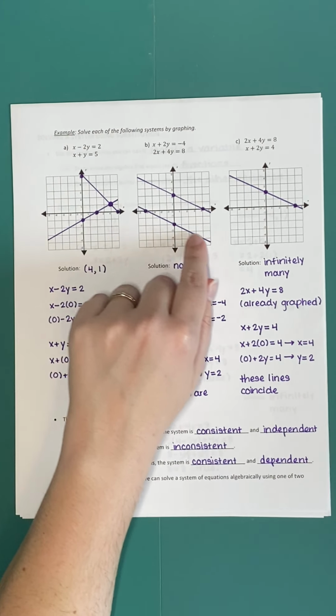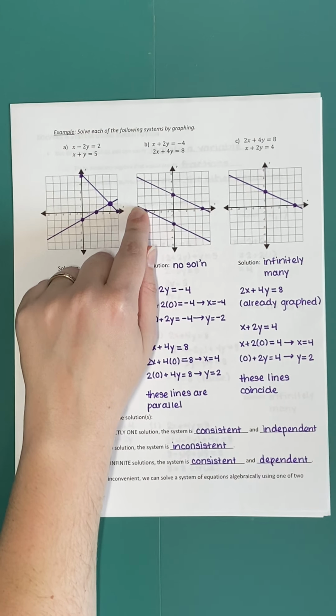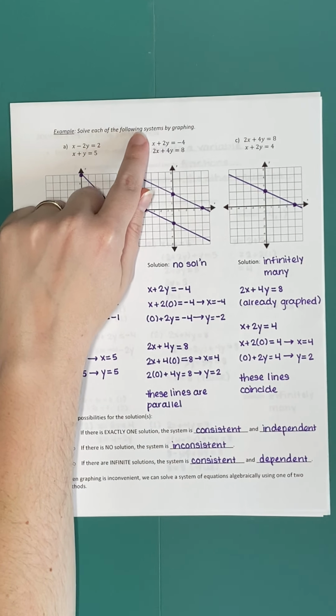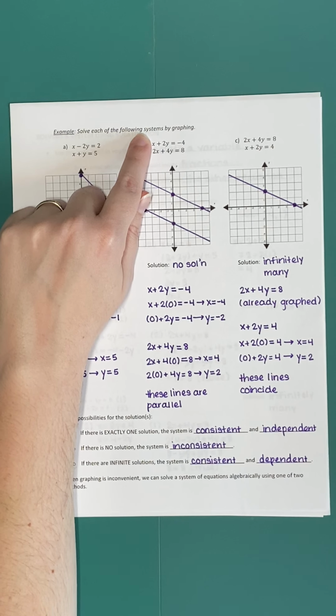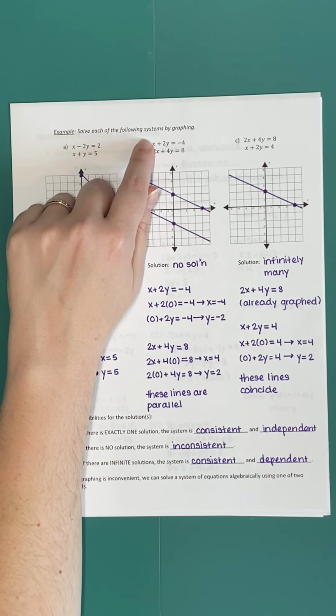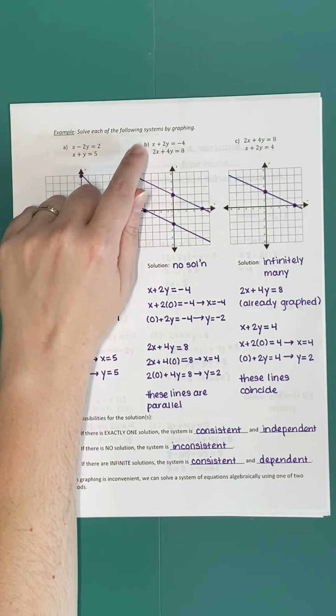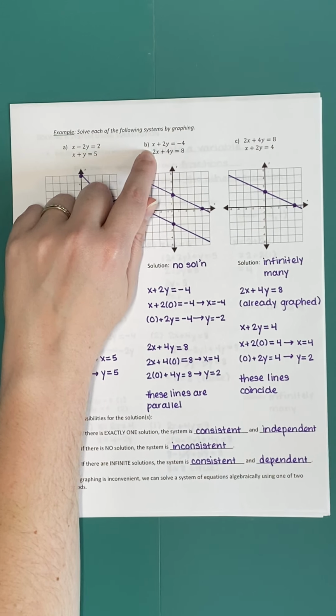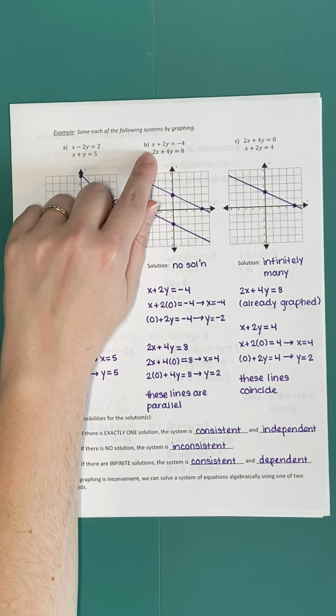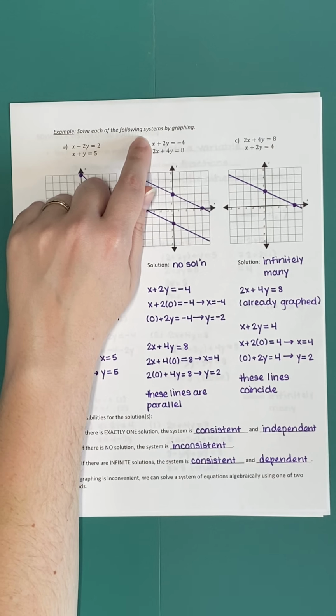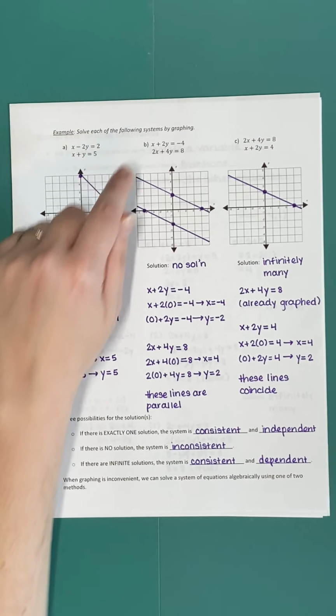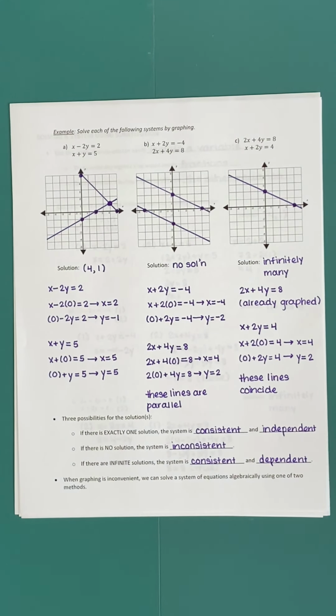But we can't find an xy pair on that line that also makes the second equation true at the same time. So any ordered pair that satisfies the first equation doesn't satisfy the second. Any ordered pair that satisfies the second equation also doesn't satisfy the first at the same time. So they don't have any ordered pairs in common. Ultimately, we're looking for things they have in common. Here, they don't have any ordered pairs in common, so there is no solution.